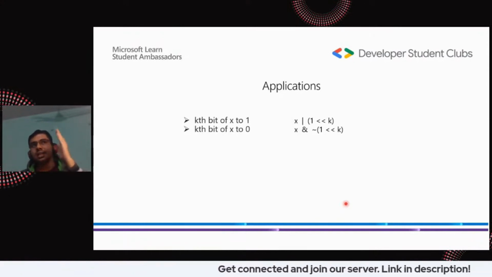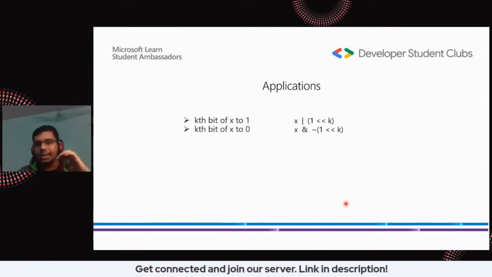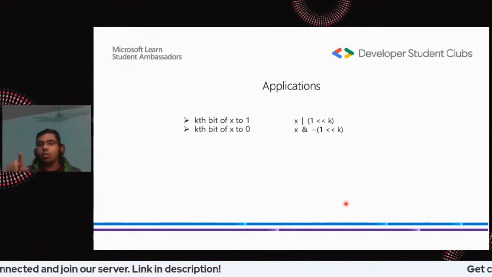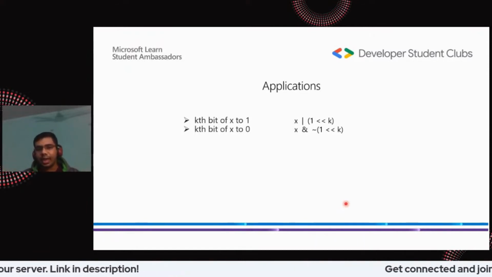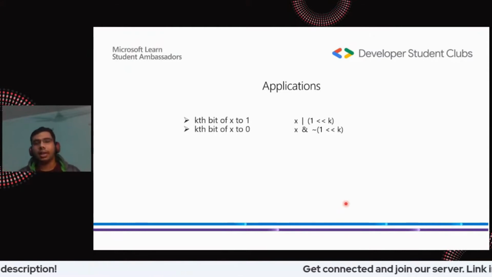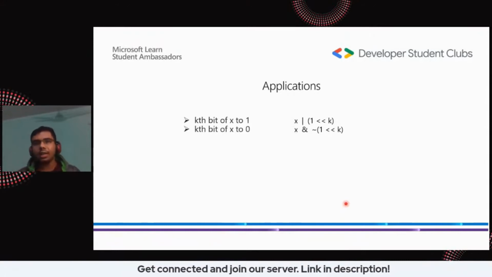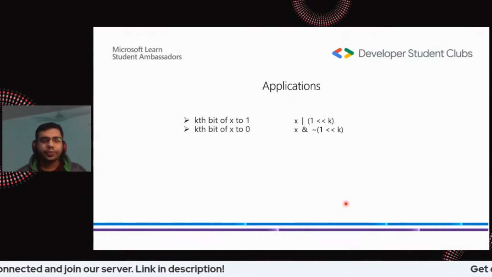When you're trying to set the kth bit to 0, then you are actually doing an AND operation, but with a NOT of that left shift. Okay, so how is this working? If you don't know how this is working, comment down your thoughts.